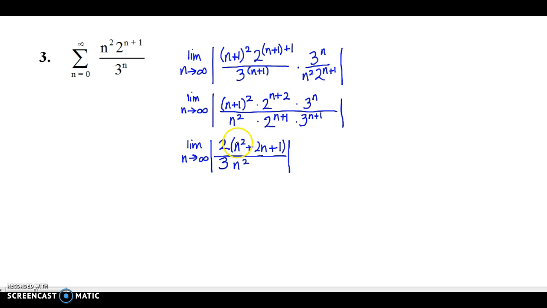So we're ready to evaluate this. There is one suggestion I would offer, and that is 2 over 3 is really just a coefficient.